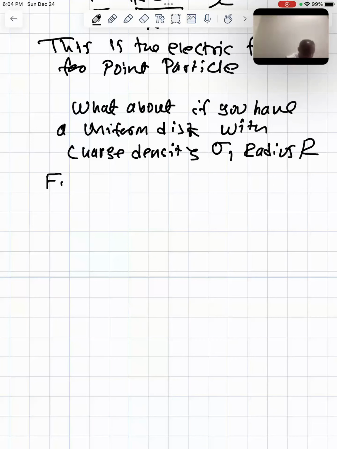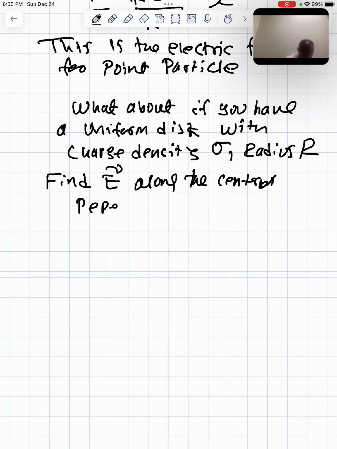Find the electric field along the central perpendicular axis of the disk.